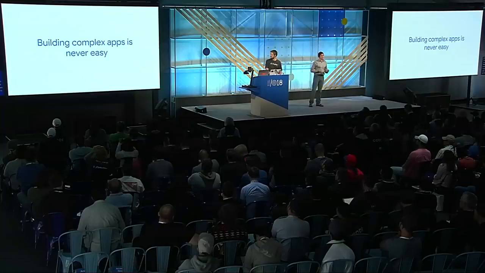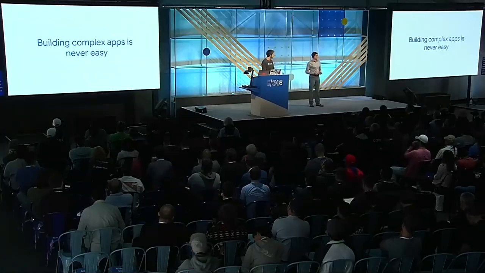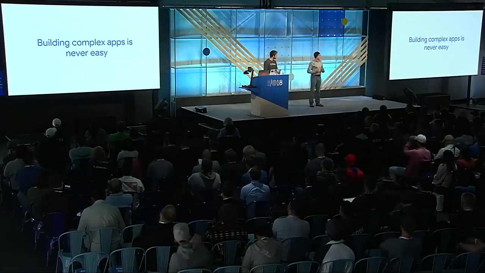And that's great and wonderful, but building complex apps is never easy. Apps typically have thousands of UI components, but more importantly, they have very complicated and potentially sophisticated state that's reacting with those UI components asynchronously at various different times in your app.